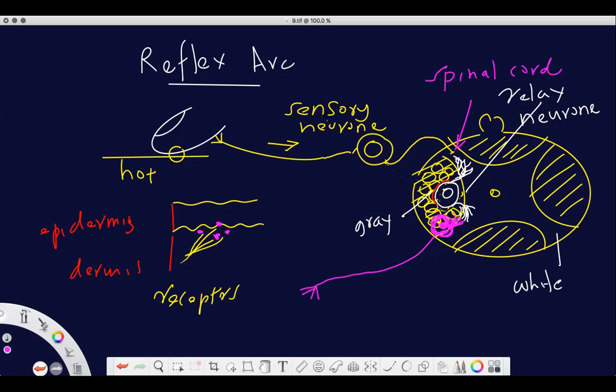Now you see a sensory neuron connects with the relay neuron, which connects with the motor neuron. This neuron is called a motor neuron. So motor neurons connect at the end with the muscles.